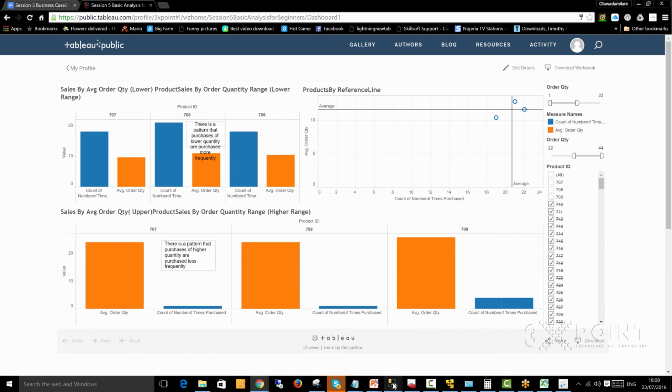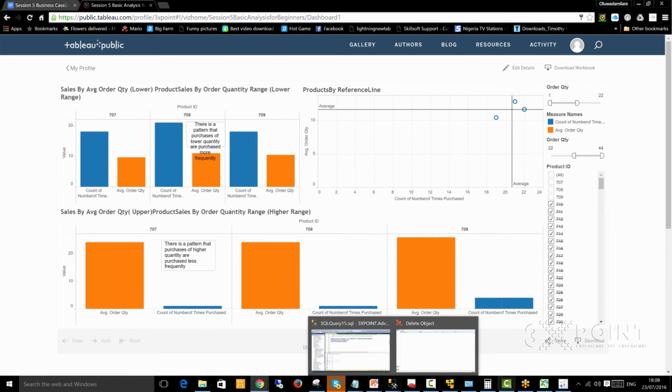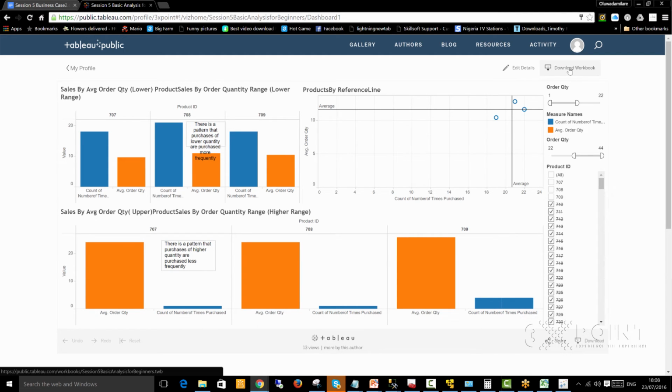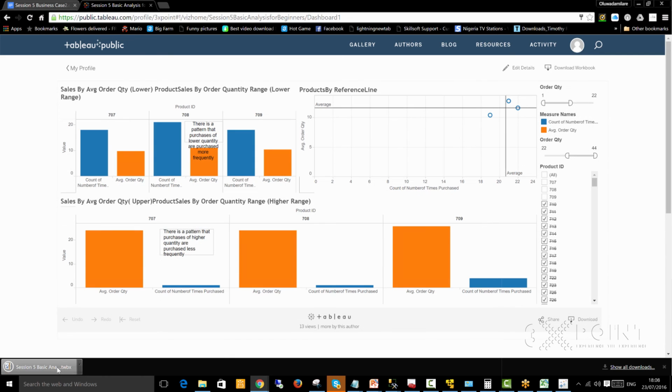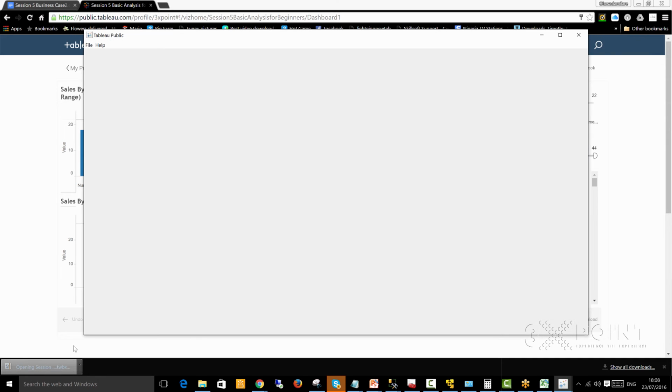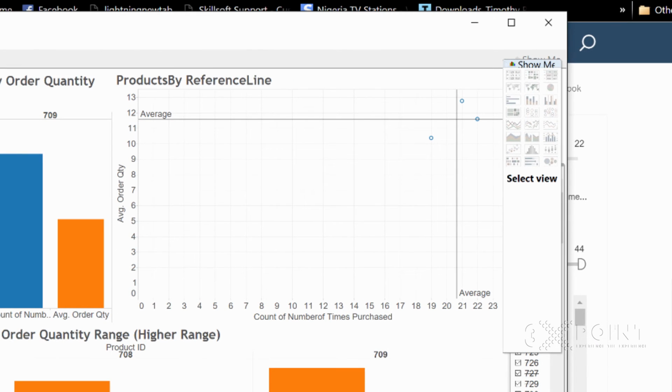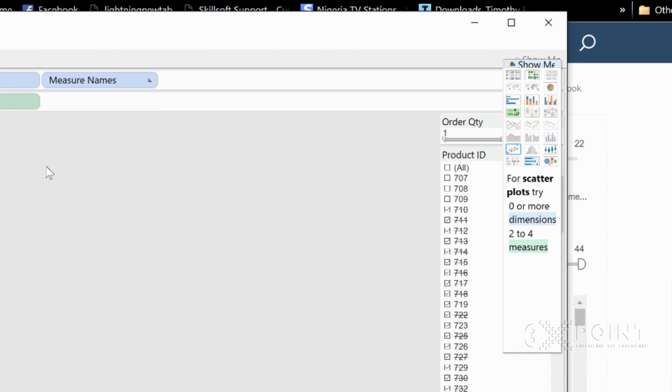I'm looking for a better way to show you this. Okay, let me just download the workbook, so you can do the same. You can download the workbook and open it.